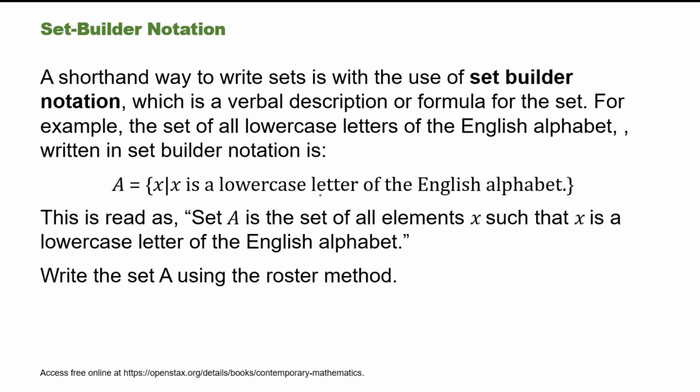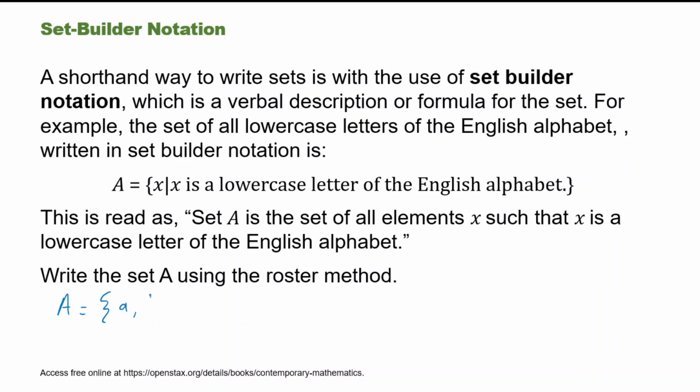x is a lowercase letter of the English alphabet. This is read as set A is the set of all elements x such that x is a lowercase letter of the English alphabet. So here it is in set builder. Let's go ahead and write it in roster method. So A equals brace. We're going to list all of the elements that are a lowercase letter of the English alphabet.